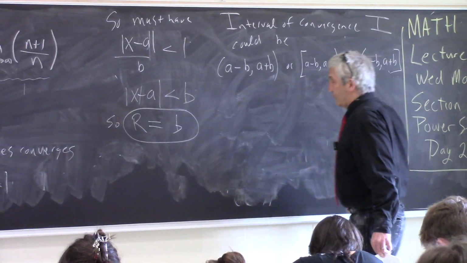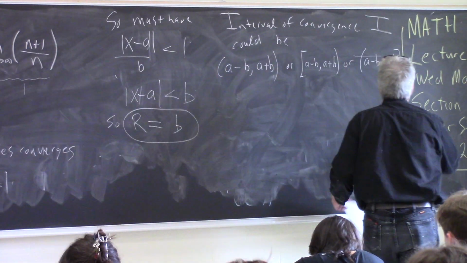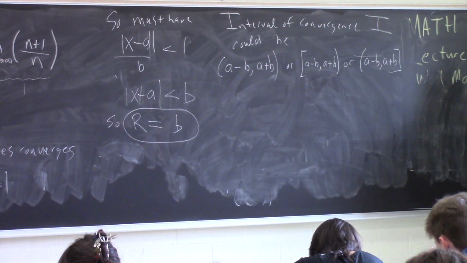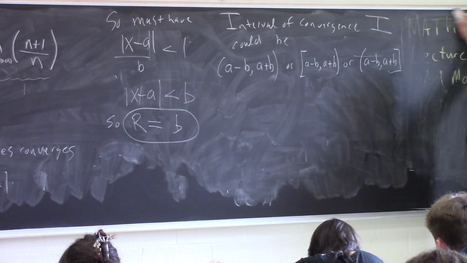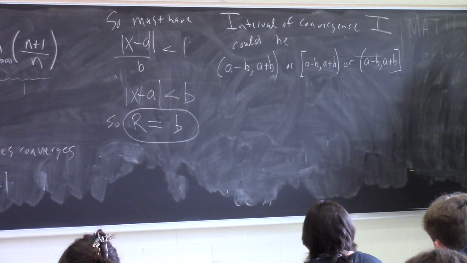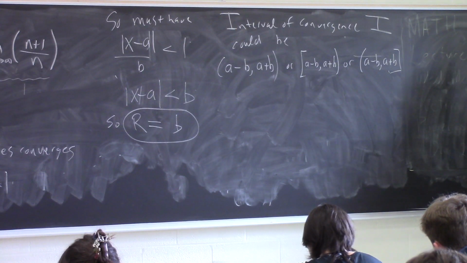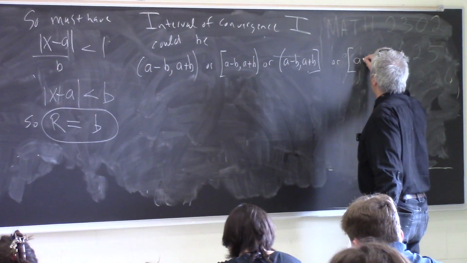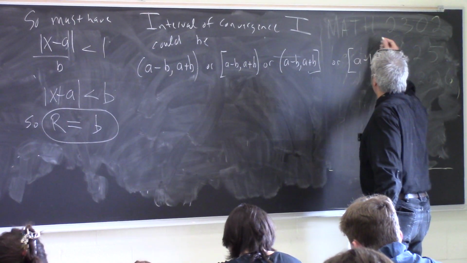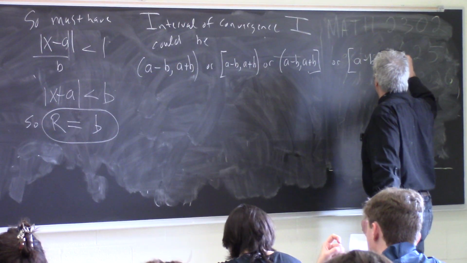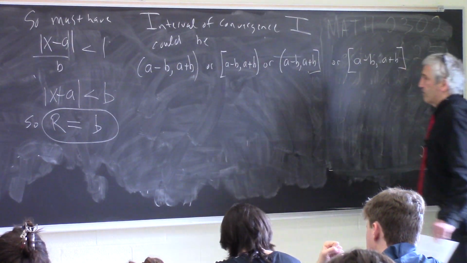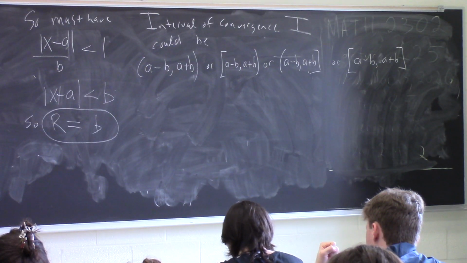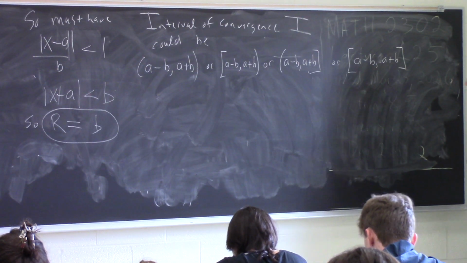This should be a plus b. And the last possibility for the interval of convergence, it could be that both endpoints are included, a minus b all the way to a plus b, including both endpoints. The only way to know is to actually check the endpoints independently.